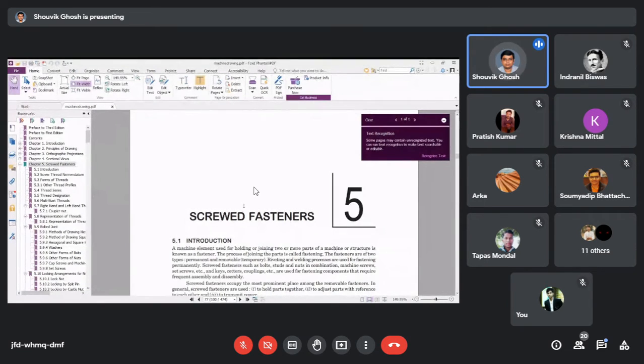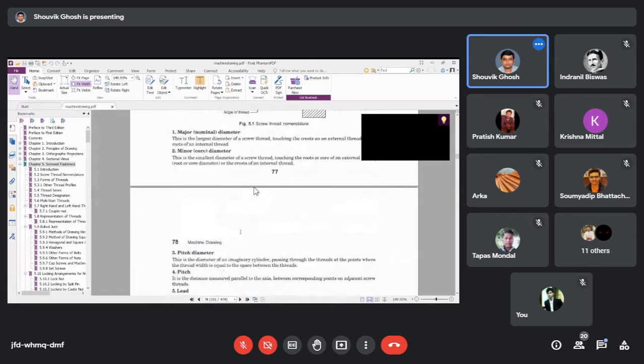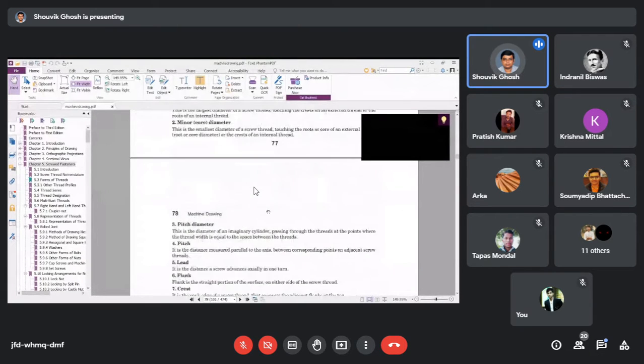So what you have to do is, after we are finished, you have to prepare a report on this screw fasteners, and in that report, in single A4 sheets, you will have to draw this nomenclature, one page nomenclature.